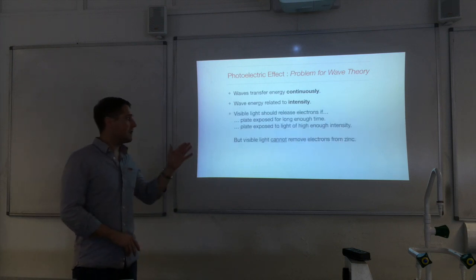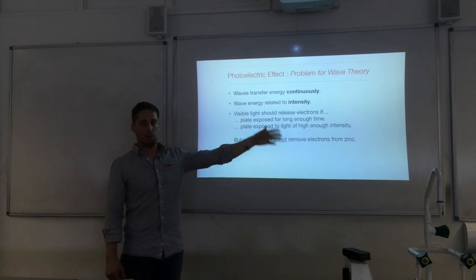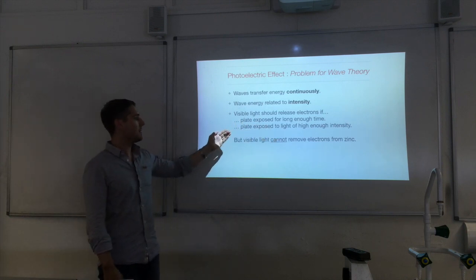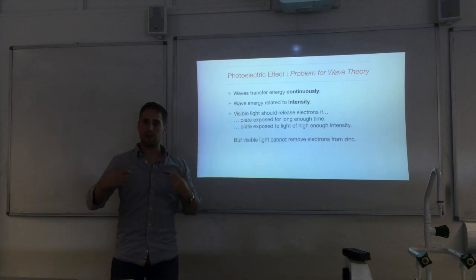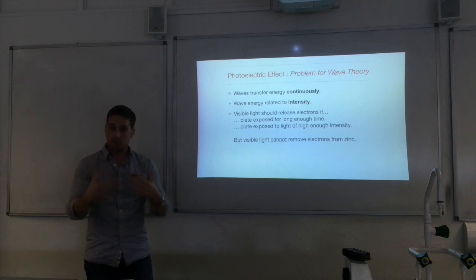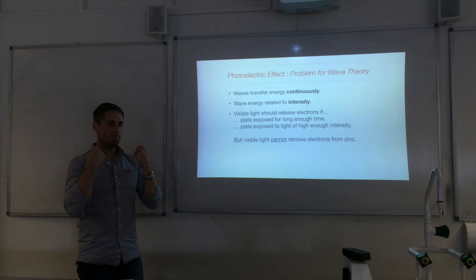So, visible light should release electrons if A, you expose it for long enough, or B, expose it to light of high enough intensity. If you left it for long enough, then eventually the light would transfer enough energy to give the electrons energy to escape. Okay? But that doesn't happen.